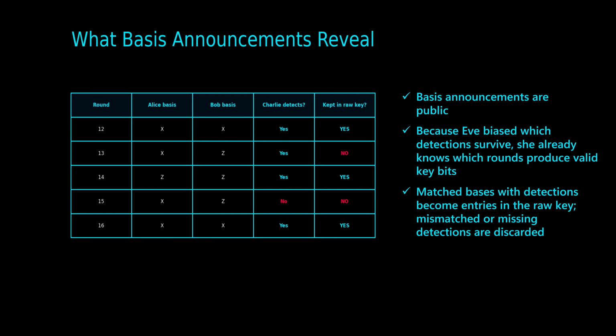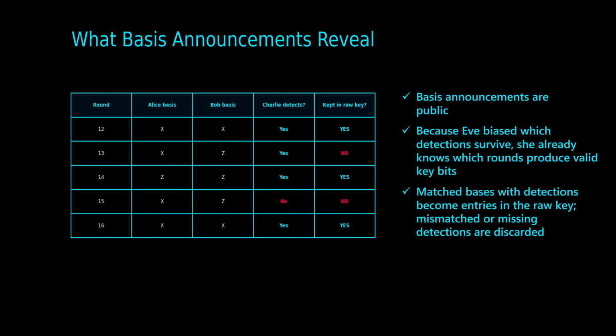When Alice and Bob used different bases, the measurements are discarded, and those rounds never contribute to the raw key. But when their bases match and Charlie records a detection, that bit is kept. These matched basis detections are highlighted in cyan, and they form the backbone of the raw key shared by Alice and Bob.